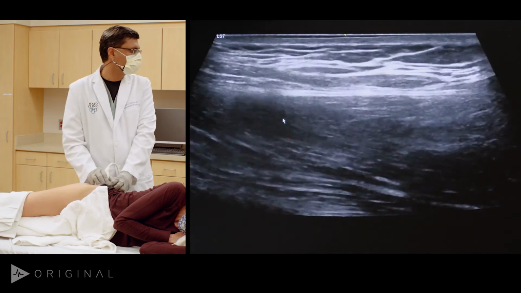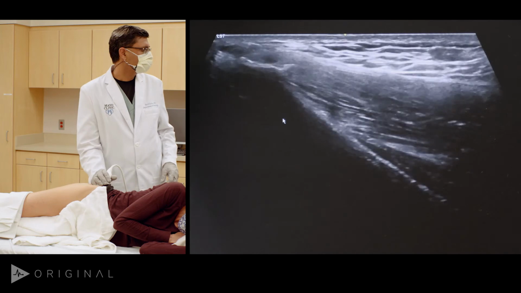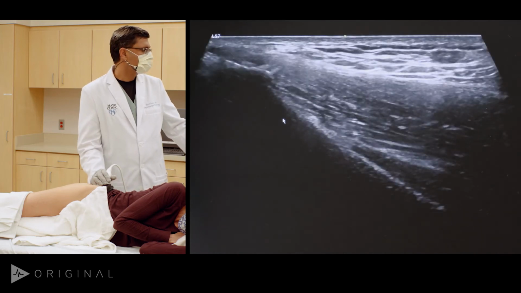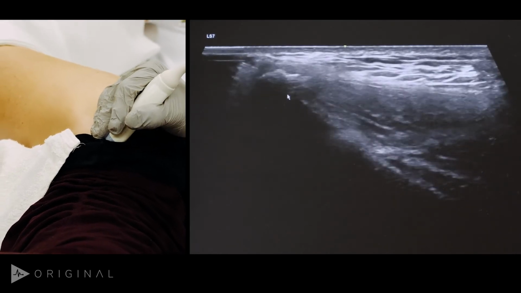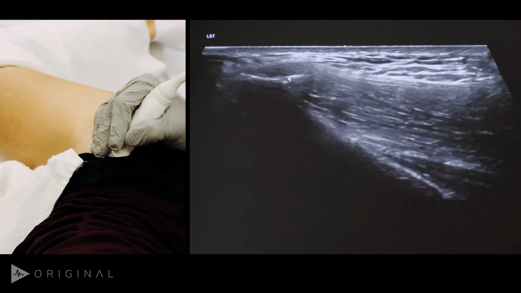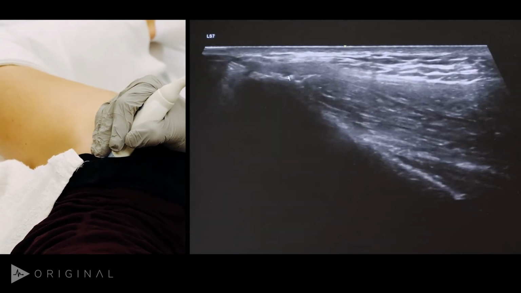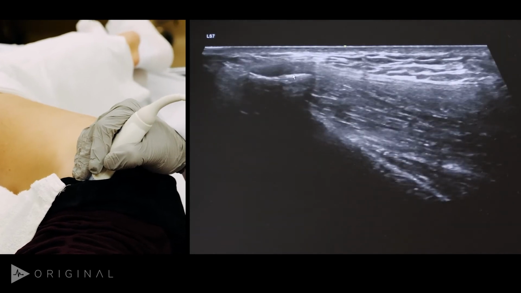We're going to go to the iliac crest and find the insertion of the iliotibial band. And as you can see, we have slight irregularity of the enthesis there, some small calcification, so some chronic tendinosis of the ITB is obvious at the proximal insertion.